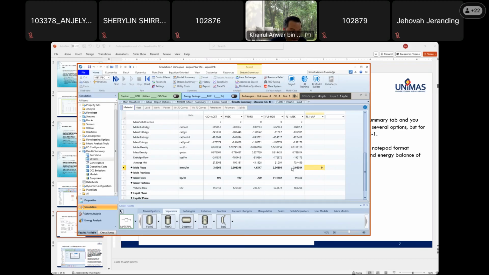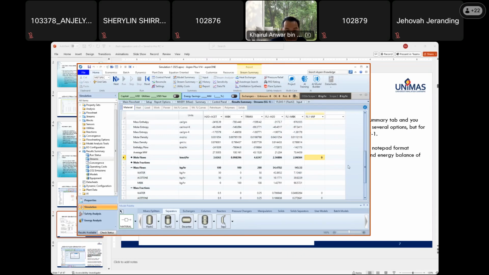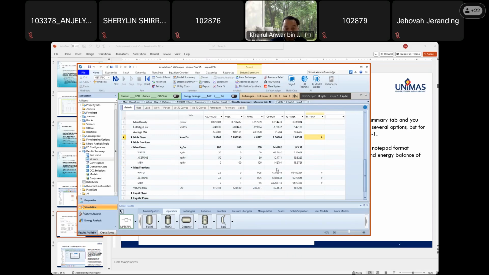It does contain more water, but it did not achieve the target of 0.95 H2O fraction. Which one? Mass fraction. Because the goal is to get 95%. It's around 78% only. Yeah, mass fraction water.